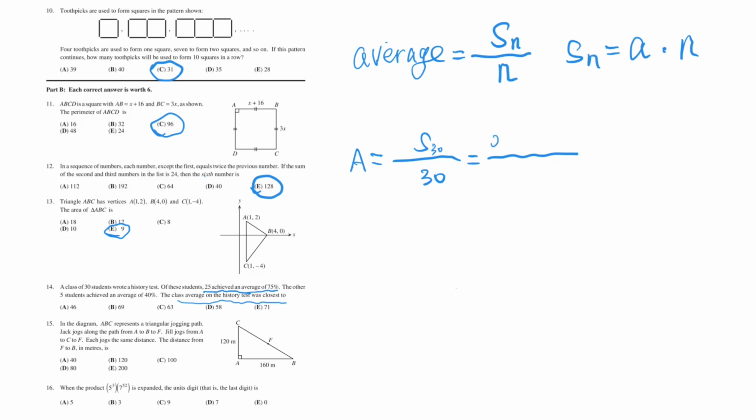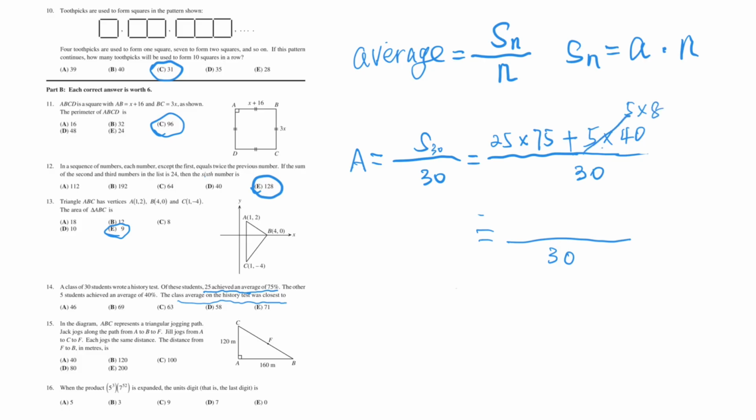So first, the 25 students: 25 times 75, and the other 5 students achieved 40%: 5 times 40. That is divided by 30. 40 equals 5 times 8.